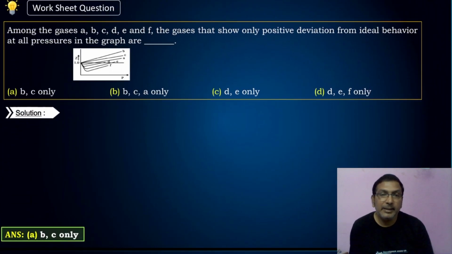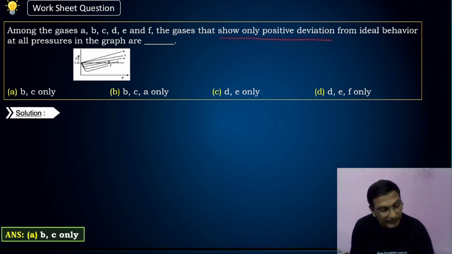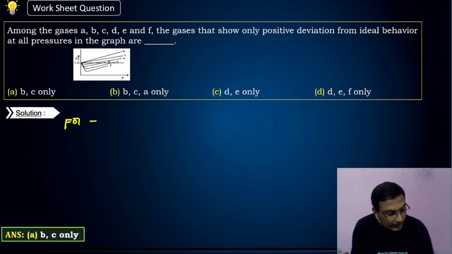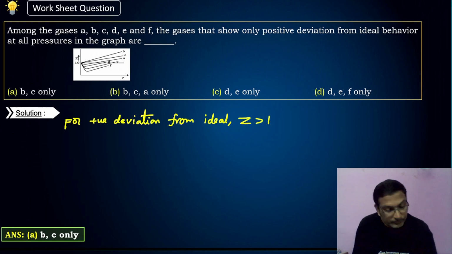Among the gases A, B, C, D, E, F, which gases show only positive deviation from ideal behavior? Only positive deviation means Z must be greater than 1.